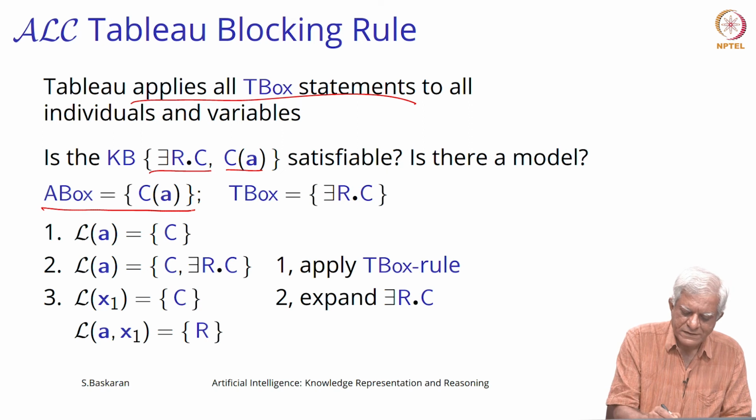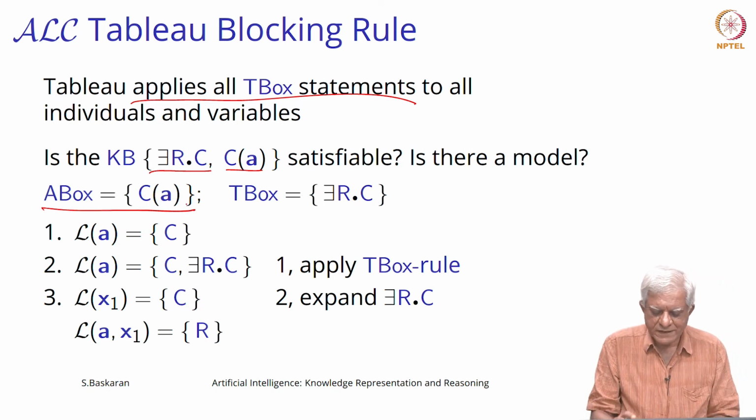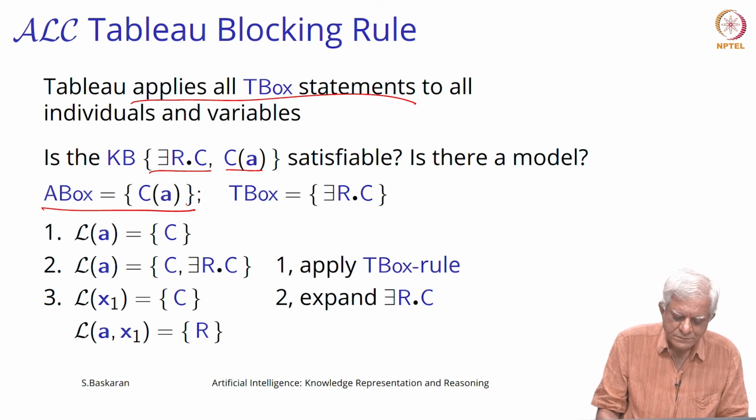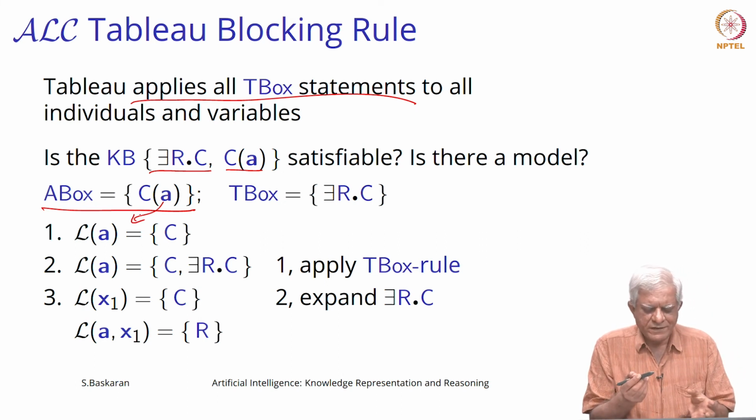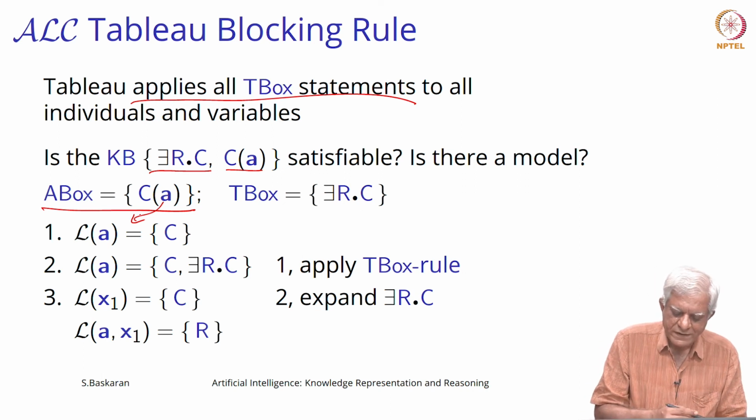So, how does it work? We start by constructing the A box as the starting point of the tableau, and so A is in the A box. Our first sentence comes from there, that there is an element A which belongs to the class C. So, C is in the label set of A, and then we have one T box rule, so we need to apply that.